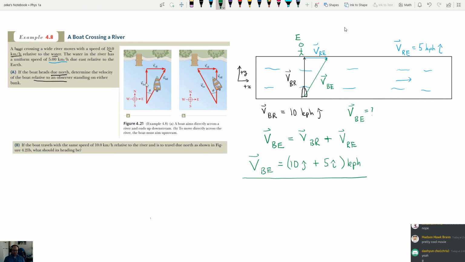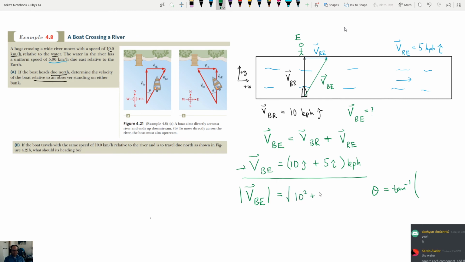Now, what we want to do also probably is find the angle, because we're going to want to compare that to what happens in part B of this problem. So let's find the magnitude of this. To find the magnitude of VBE, what do I have to do? Yep, square each component and take the square root.